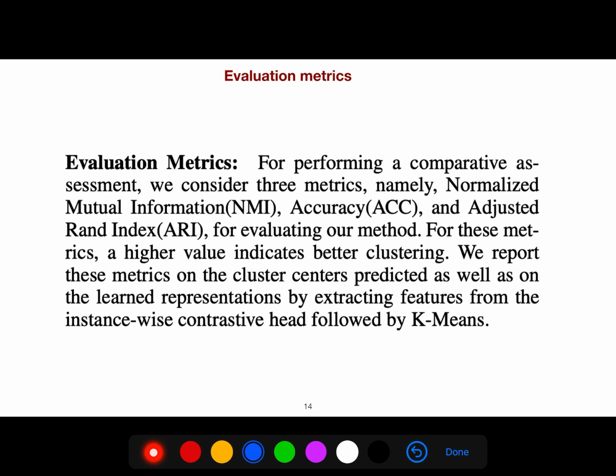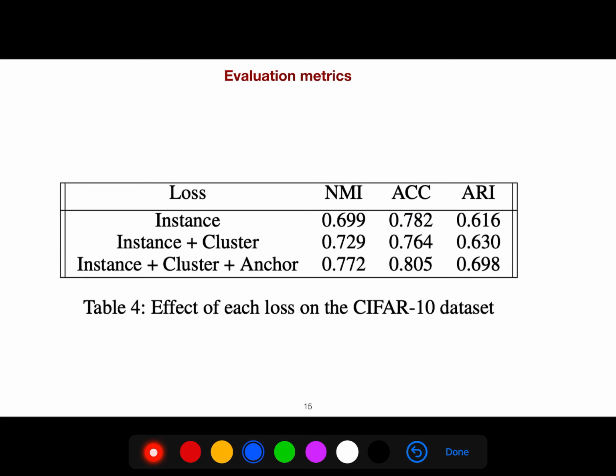For performing a comparative assessment, we consider 3 metrics. We use normalized mutual information, accuracy, and adjusted Rand index for evaluating. For these metrics, a higher value indicates a better clustering.